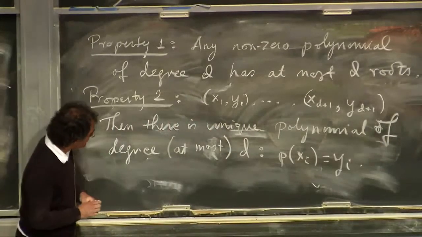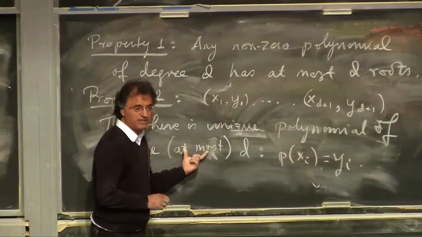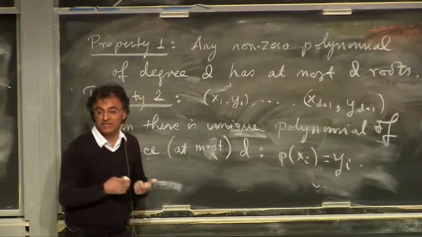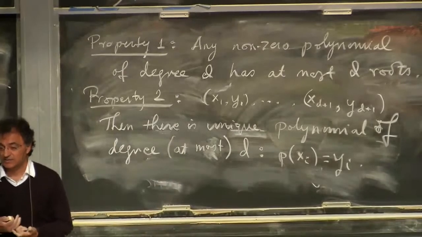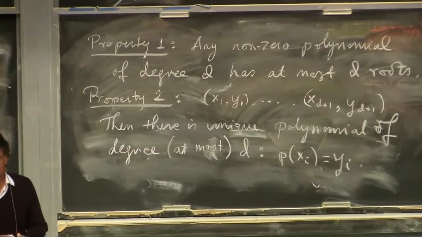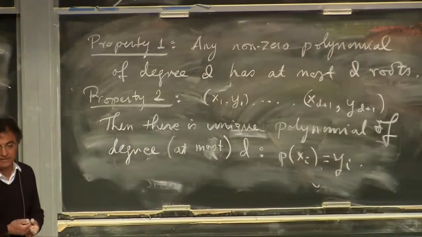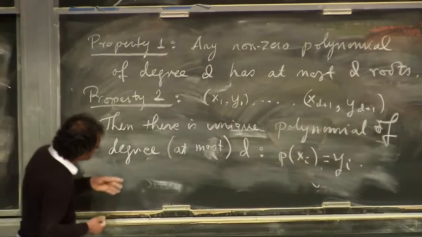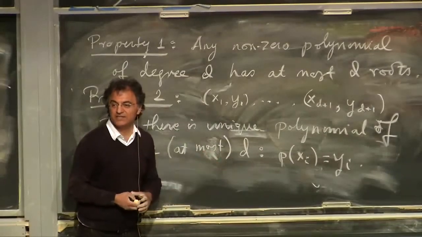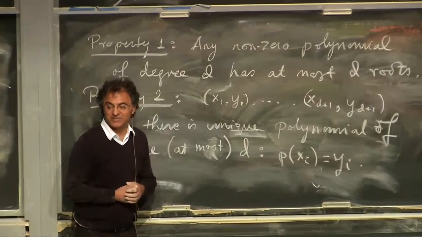Okay, so by the way, does anyone know why we said at most d, that the degree is at most d? Yeah, no, so greater than, yes, but why didn't we say exactly d? Why did we say at most d?